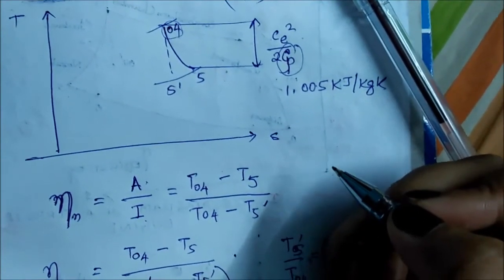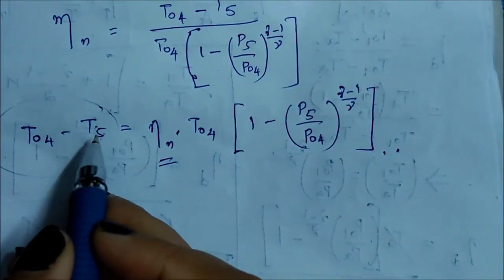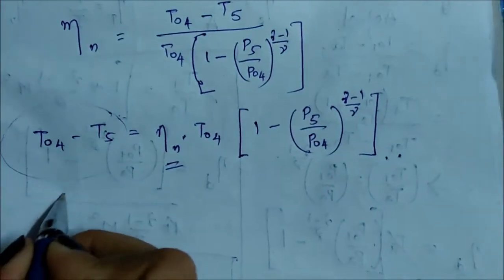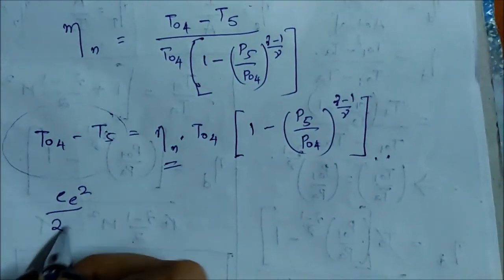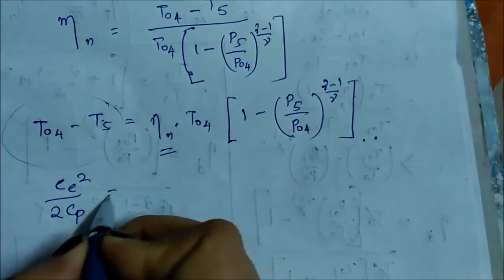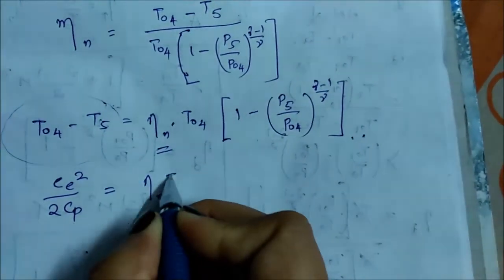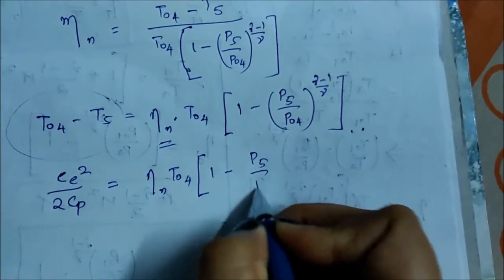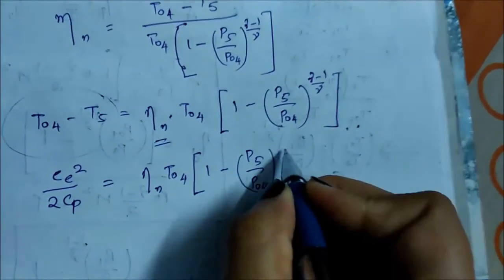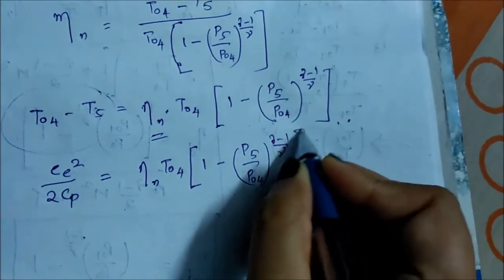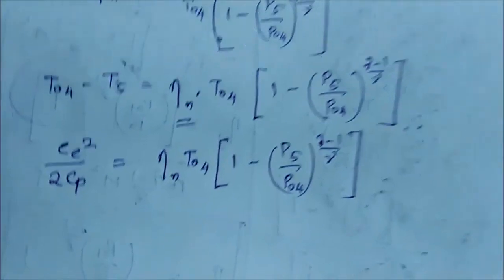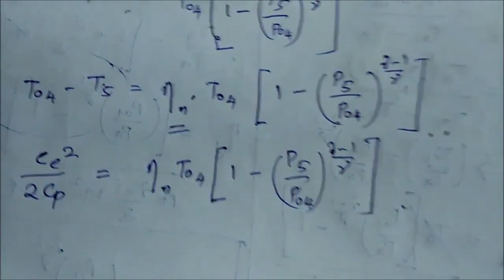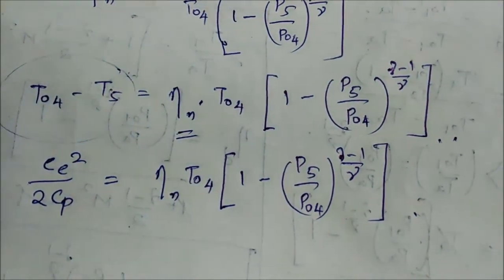So instead of T04 minus T5, we can also write Ce squared by 2 Cp equals eta n T04 into 1 minus P5 by P04 to the power gamma minus 1 by gamma. This can be another final expression for the nozzle efficiency.